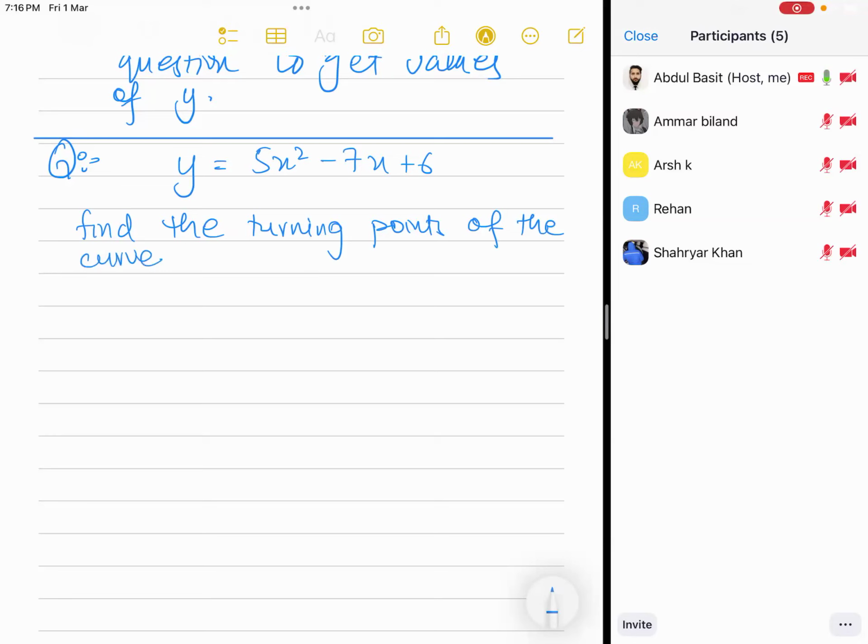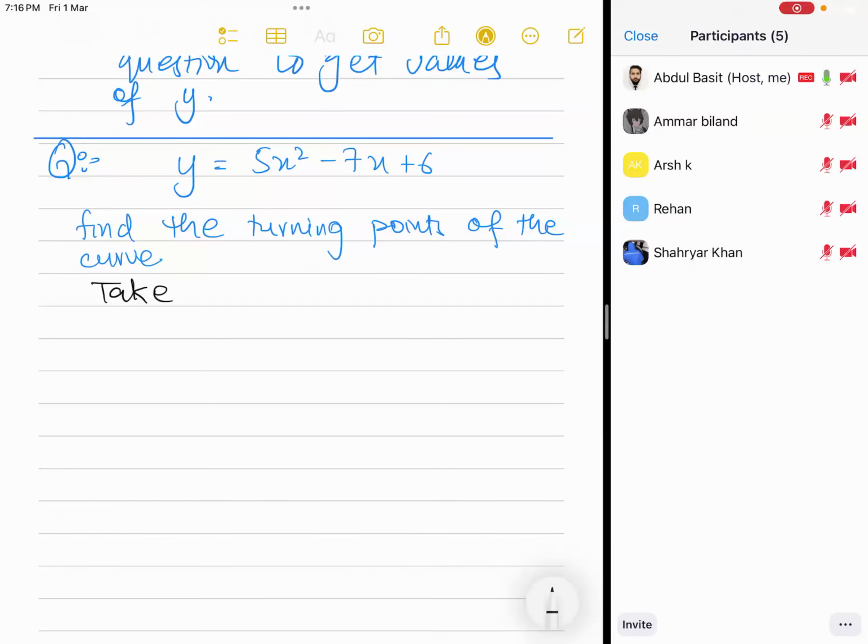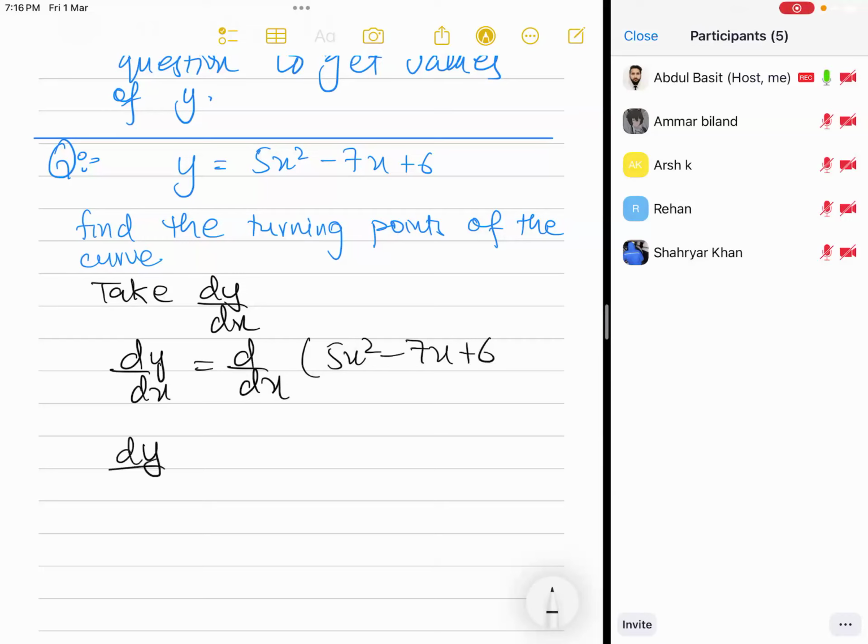Step 1 is take dy by dx. So dy by dx is equal to d by dx of 5x square minus 7x plus 6. So dy by dx is equal to 10x minus 7.